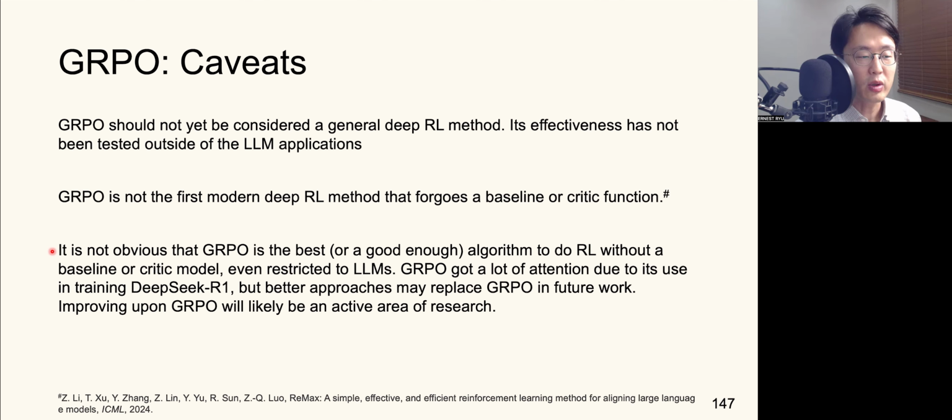GRPO got a lot of attention not because GRPO is so good, but because it was used in DeepSeek R1, and we should expect improvements upon GRPO or maybe even completely different algorithms to replace GRPO in the future. GRPO has not yet stood the test of time. And in fact, improving upon GRPO will likely be a very active and fruitful area of research.